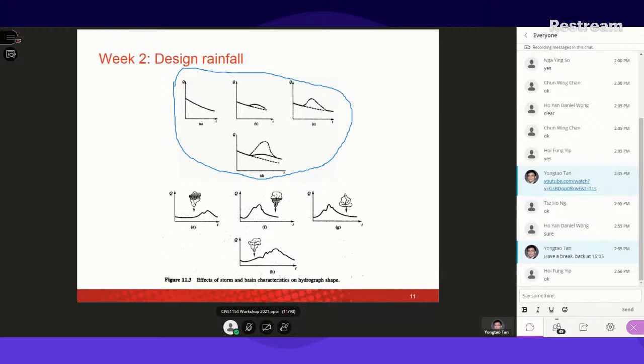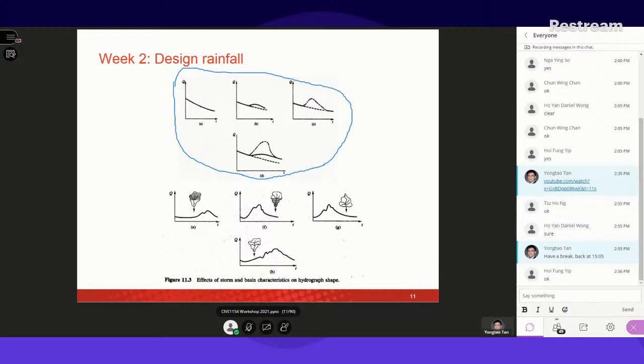Part D means all four components exist. The rainfall intensity exceeds the infiltration rate, and the field capacity of the soil is also reached. This is typically a large storm event, with interflow, added groundwater, and surface runoff.